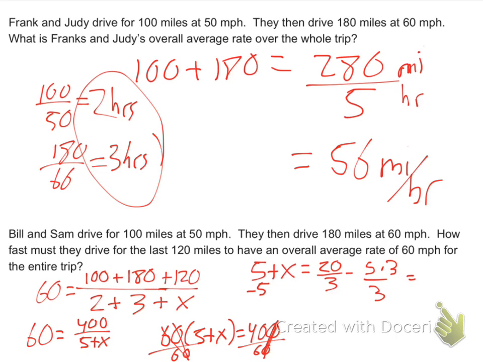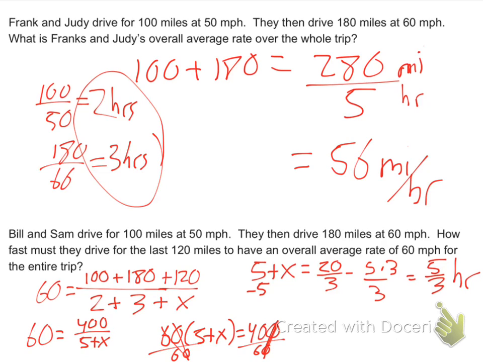So what's 20 minus 15? 5 over 3. 5 over 3 what? What were you solving? X on the bottom was what? Time. And time was in hours. So we found it to be 1.6 repeating hours, or 5 divided by 3 hours.